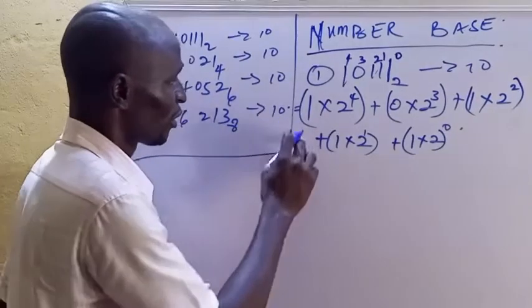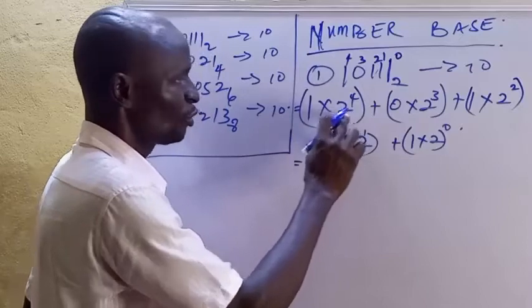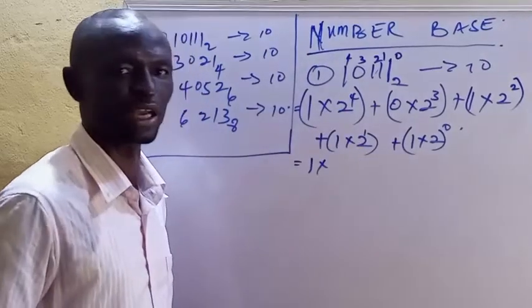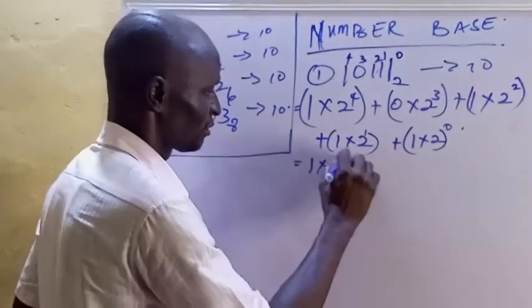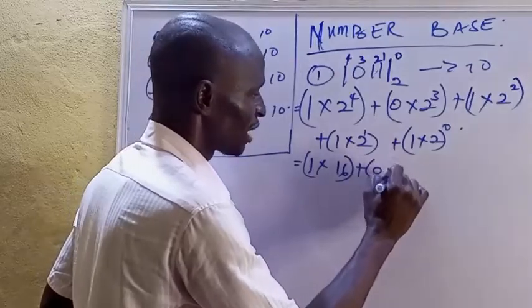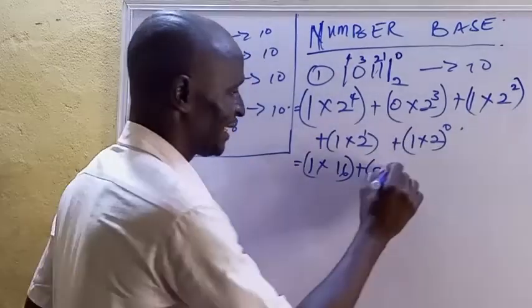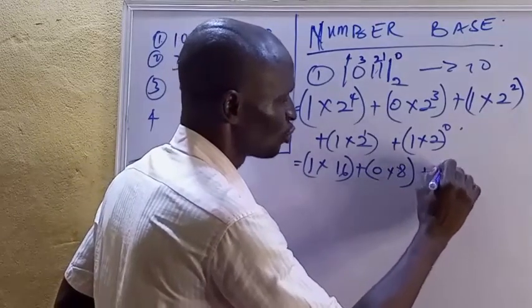Now, this becomes 1 times 2 raised to the power 4. That's 2 times 2 times 2 times 2 in 4 places. That's 16. Plus 0 times 2 raised to the power 3. That's 8. Plus 1 times 2 raised to the power 2.